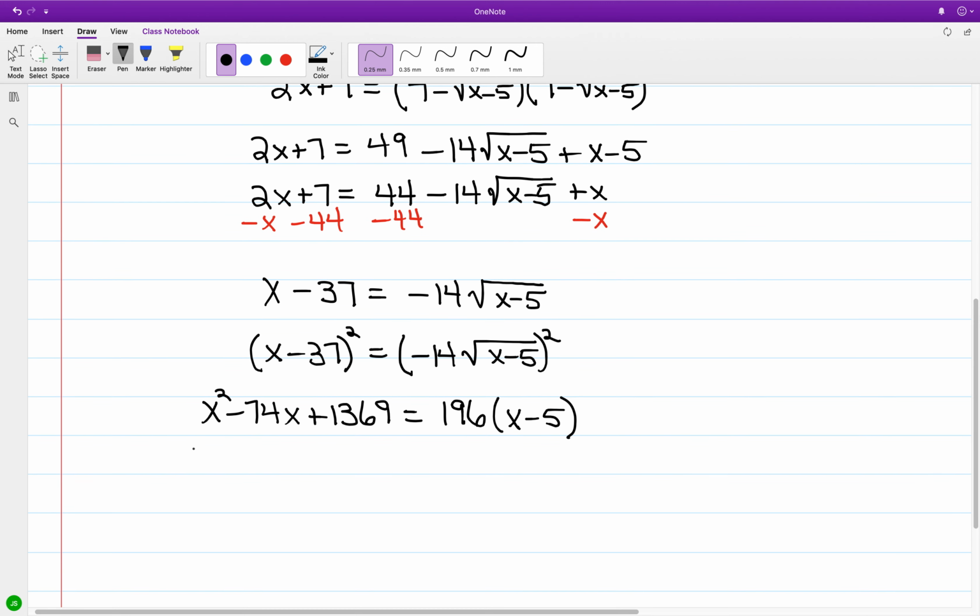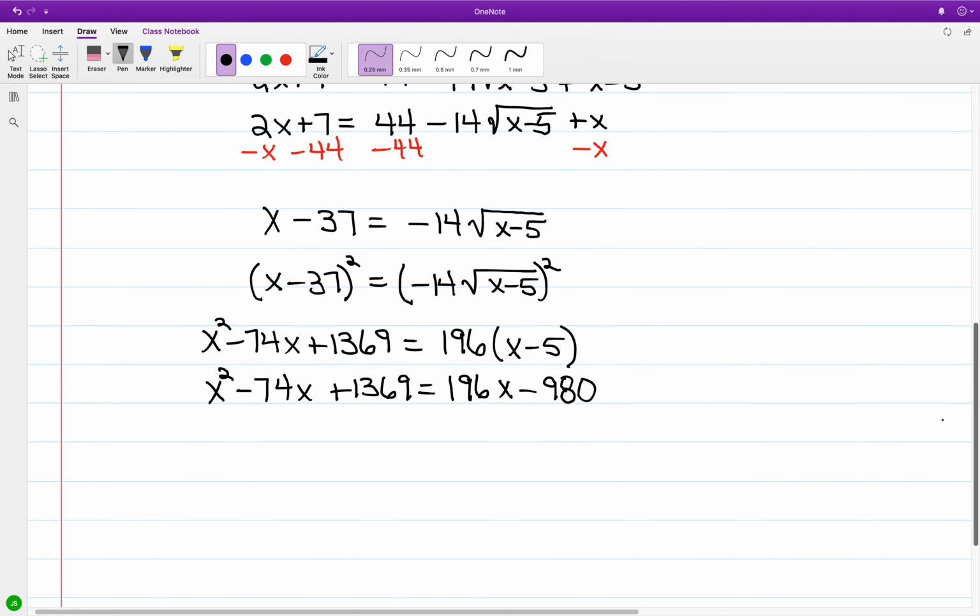And for the distributing, we're going to have a quadratic equation. And right now we have x squared minus 74x plus 1369 is equal to 196x minus 980. And as we look at combining variable terms and constants and setting up the quadratic equation in its standard form, I'm going to take away 196x and also undo the subtraction by 980.